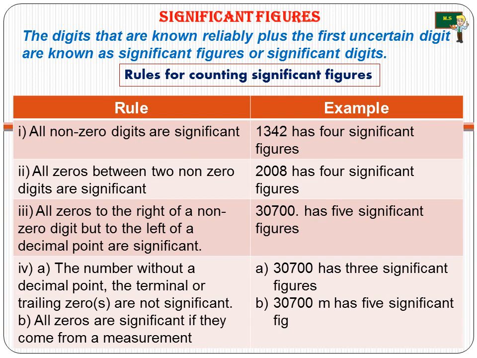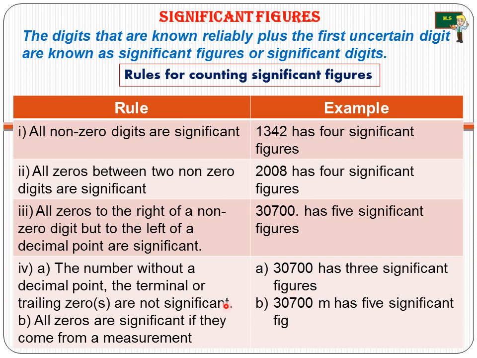Let's move to the fourth rule. A number without a decimal point, the terminal or trailing zeros are non-significant. See here, 30700 has 3 significant figures.